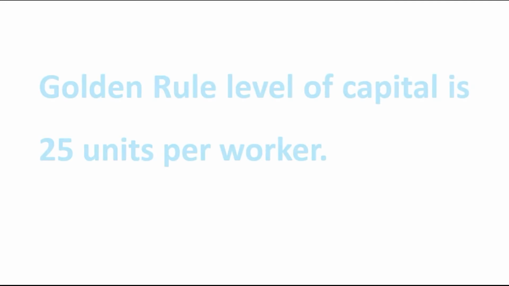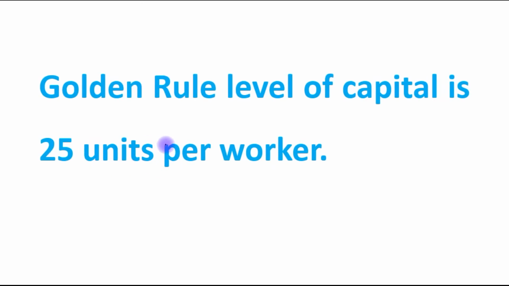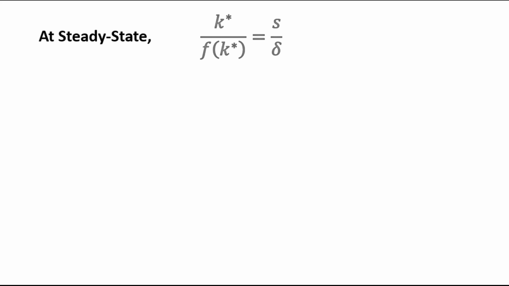We can also find out the particular saving rate that will support this golden rule level of capital. At steady state, this equation is satisfied, right?